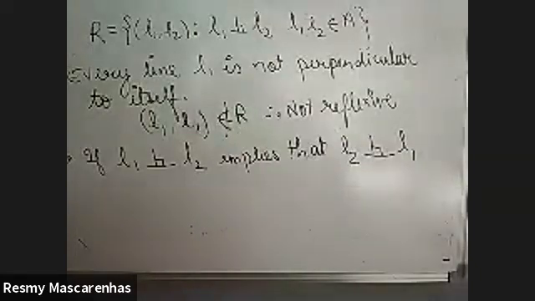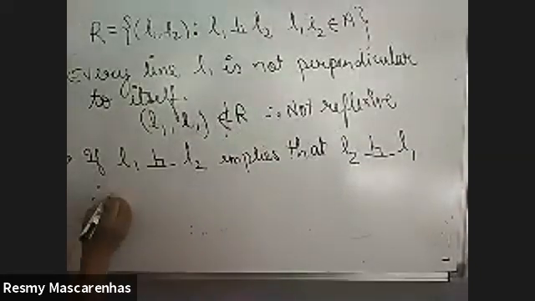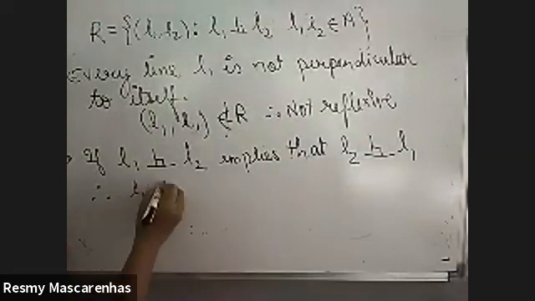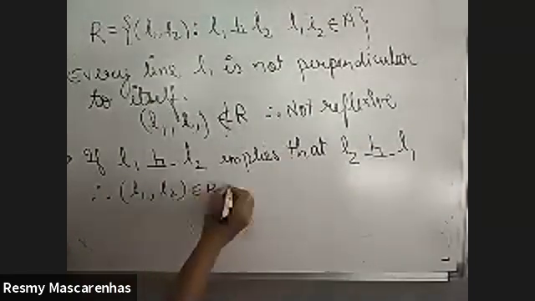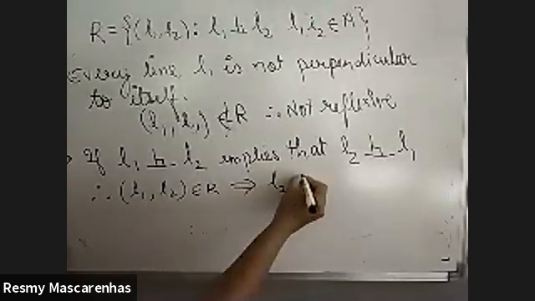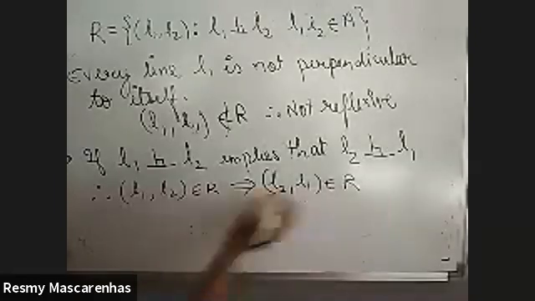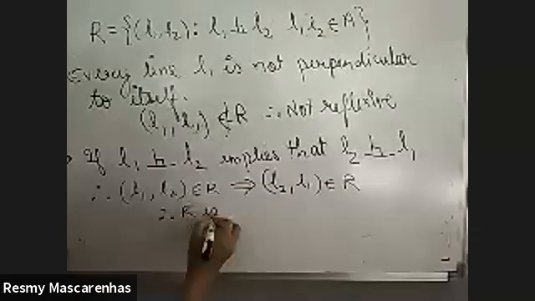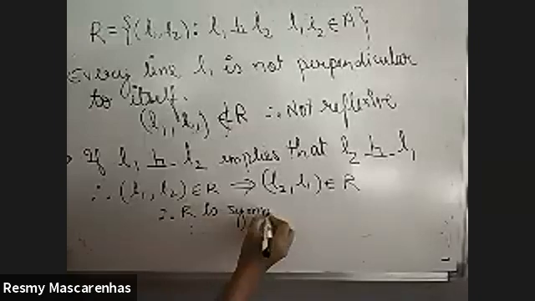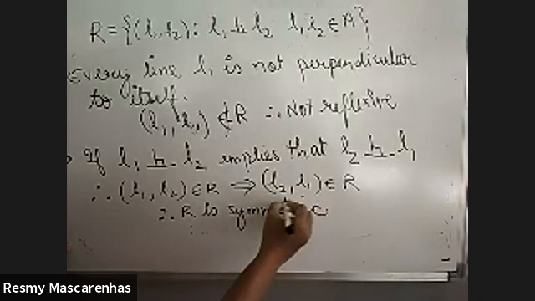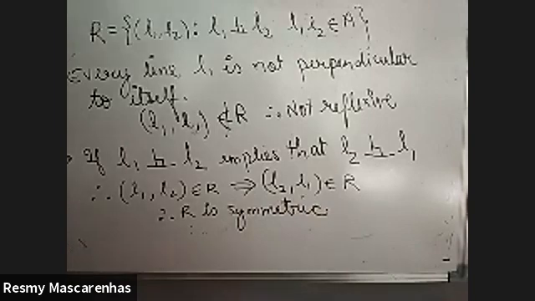Therefore, L1 comma L2 belongs to R implies that L2 comma L1 also belongs to R. Therefore R is symmetric. Anybody who has not understood these two steps can ask.